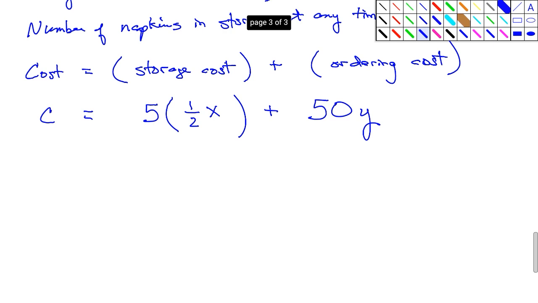Now we have the situation where, again, I have two different independent variables, and I want to get rid of one of the variables.